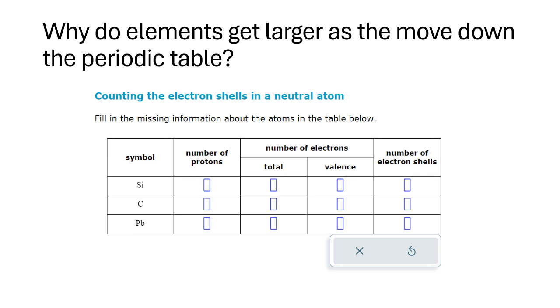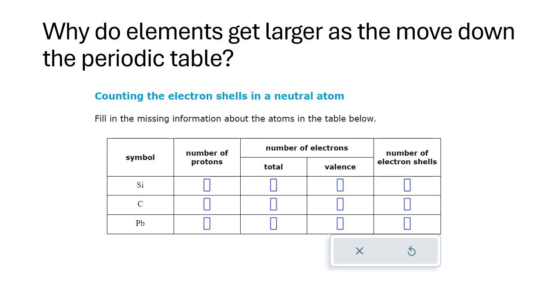The number of shells is going to be the highest number in their electron configuration. So silicon has a 3s and a 3p, so 3.